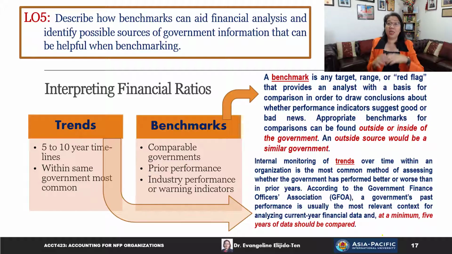If you are benchmarking a county, you will also look at another county of similar size to the one that you are analyzing. An inside or internal benchmark could be another government department that is similar to the one whose performance you are analyzing.